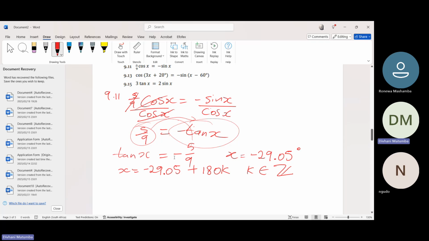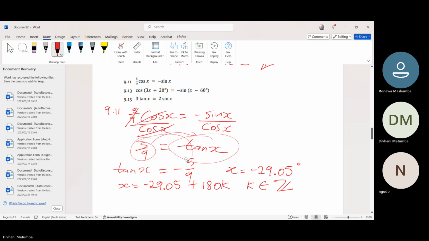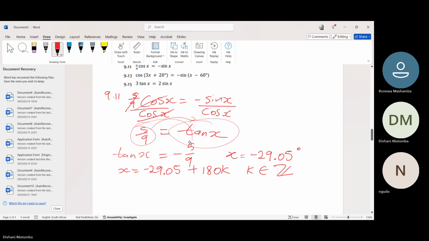Okay, the second one, Ngudo. How can we solve 9.13?